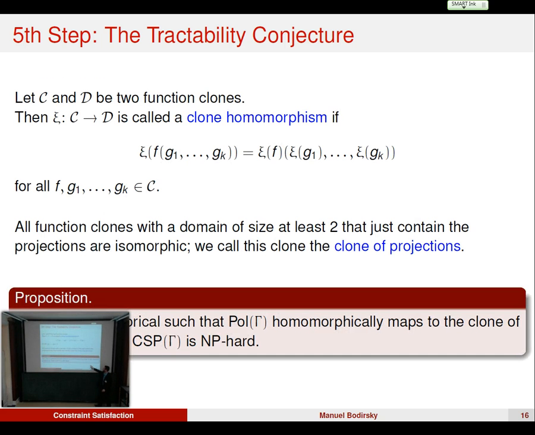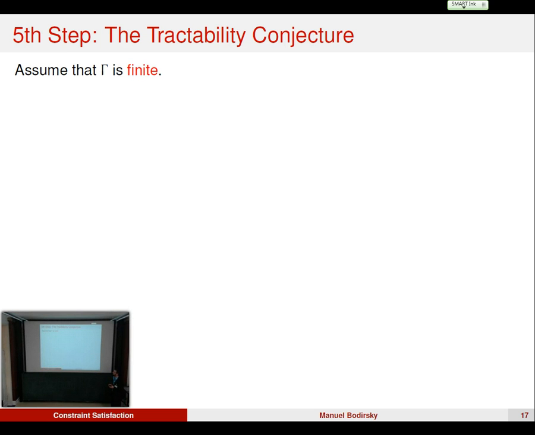If Pol(Gamma) homomorphically and continuously maps to the clone of projections, then the CSP is NP-hard. For finite, you could of course omit that, but for omega categorical, you have to require a continuous homomorphism to the clone of projections; then the CSP of Gamma is NP-hard. Okay. Now, the following is a conjecture, again. It's the tractability conjecture for finite domains.